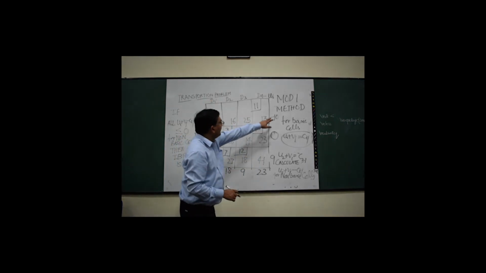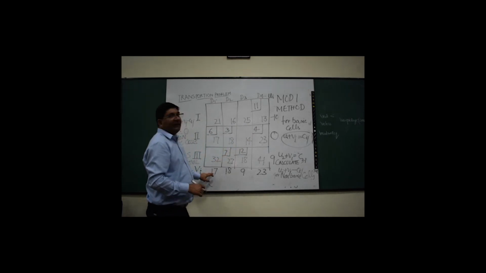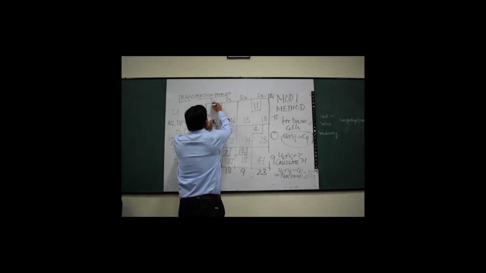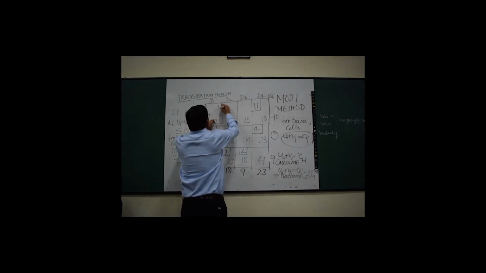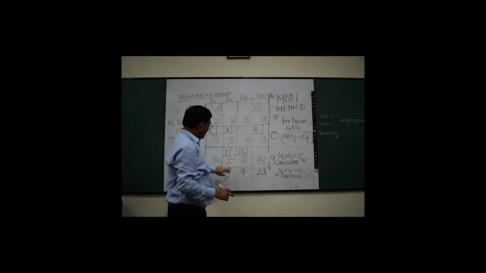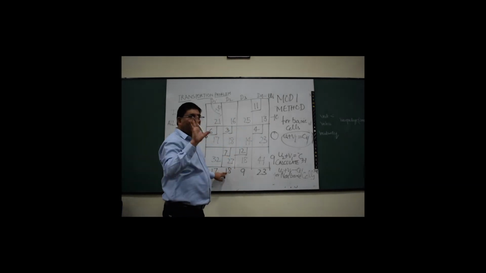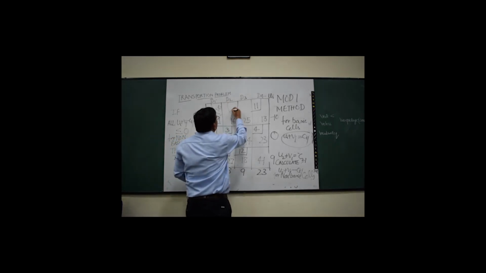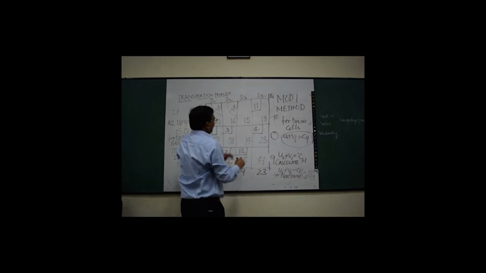Now we can see that minus 10 plus 17, 7 minus 21. It means that this is negative. Again, minus 10 plus 18 minus 8, this is again negative.